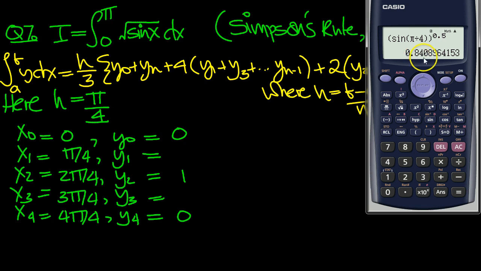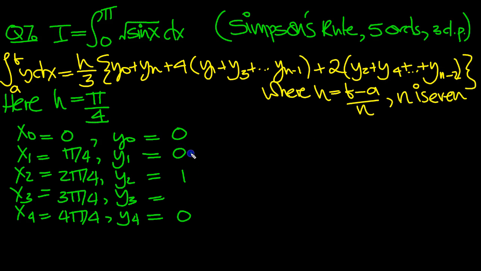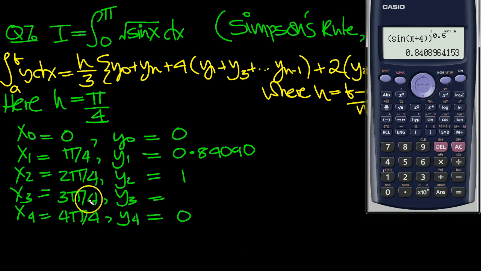There we go. 0.84089, it's a 6, so the 89 rounds up to 0.84090. Now this value is going to be the same for 3 pi over 4, but let's just tap it in to be absolutely sure. And we get the same number, 0.84090.